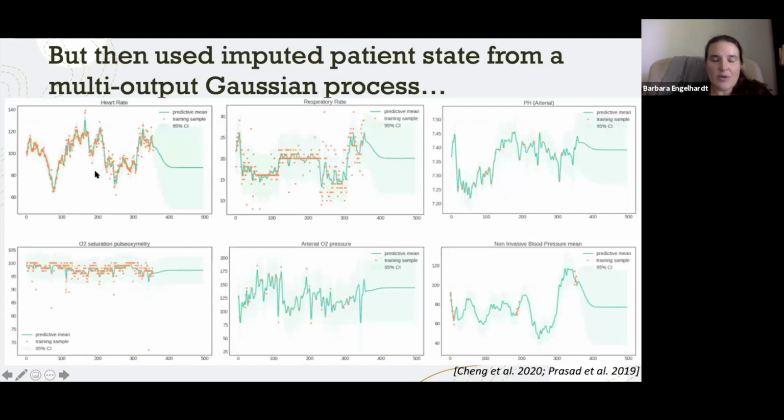The fourth example that I wanted to talk about really briefly is the patient data, where again, we used these beautiful Gaussian processes. They're challenging to fit, but we used multi-output Gaussian processes to try and do imputation along each of these patients.